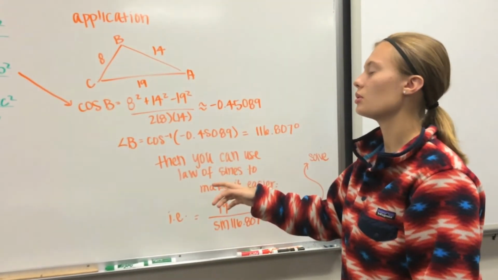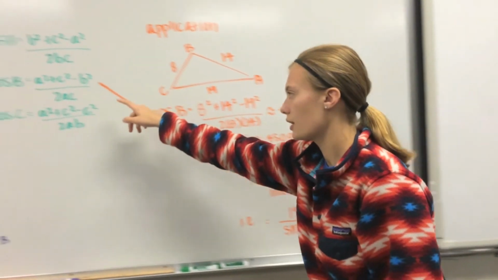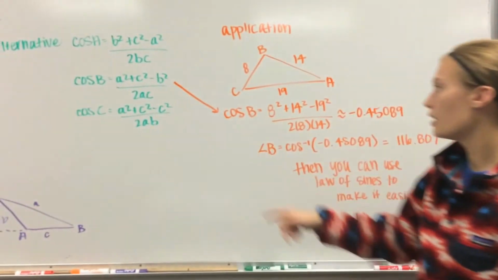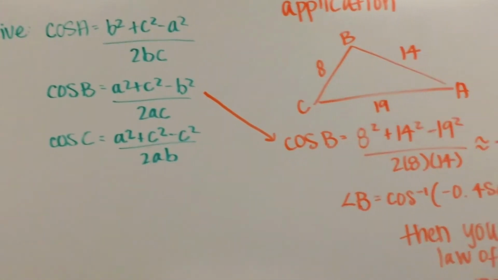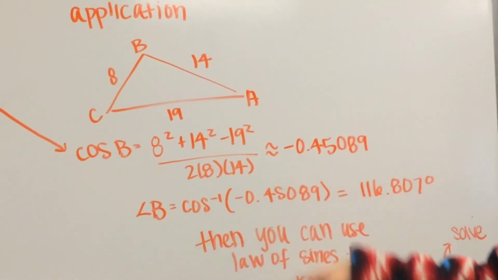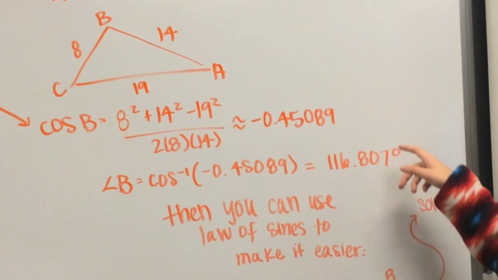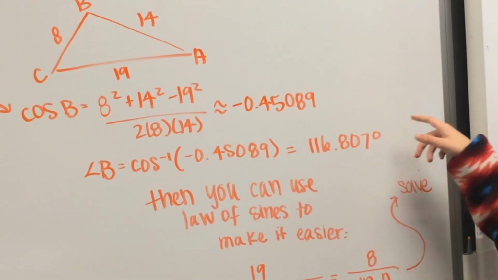So what we would do here is use this equation right here to find angle B. Once you have that, you're going to plug in all the side values and solve it out, and you should get negative 0.45089.